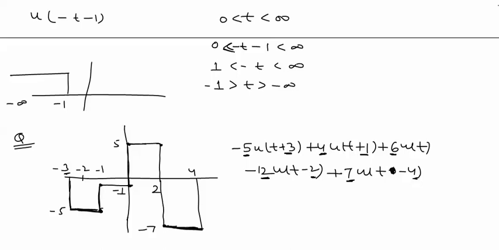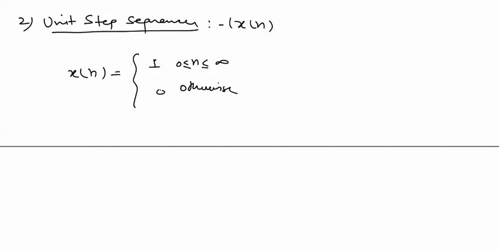Move to the next important signal. The second one is the unit step sequence. We use signal for continuous time signals and sequence for discrete time signals. The mathematical expression for the unit step sequence is 1 for n varying from 0 to infinity, otherwise 0.